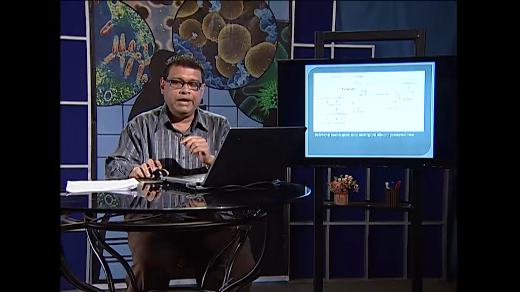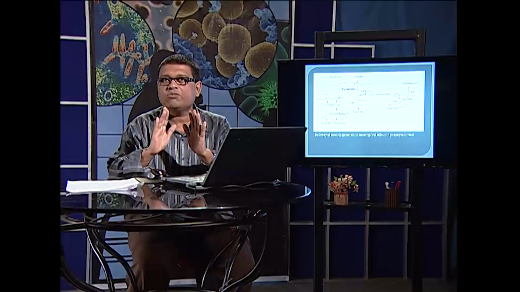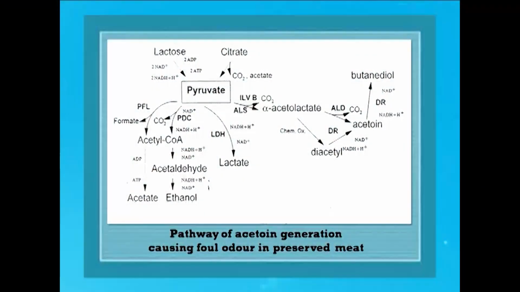Another very common way to understand that the meat is not very suitable for consumption is the bad odor. And this odor actually comes from the production of different acetic compounds or some byproducts of acetyl-CoA, which may be the acetoacetate converted to diacetyl compound, which will be converted to acetoin.